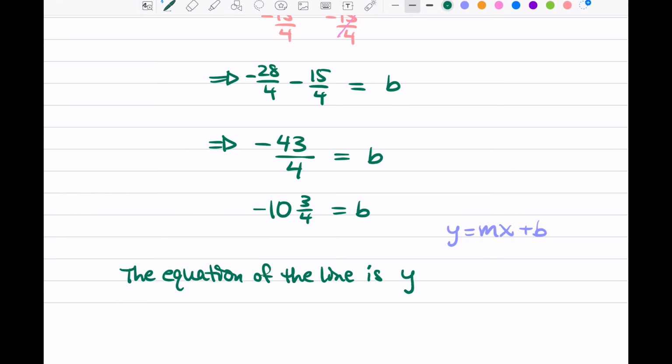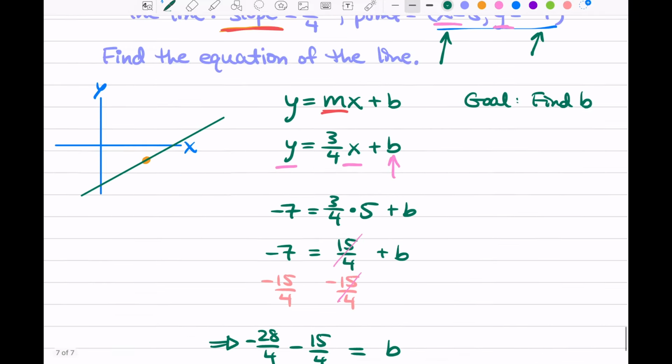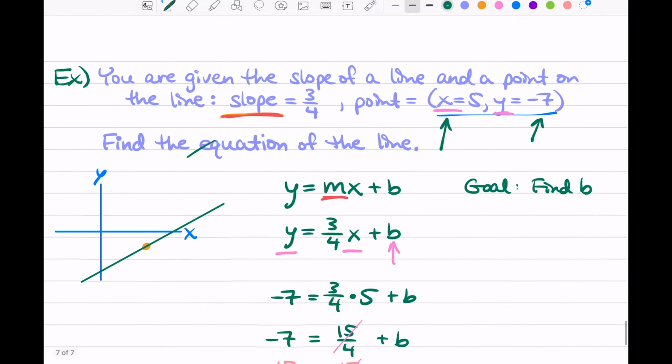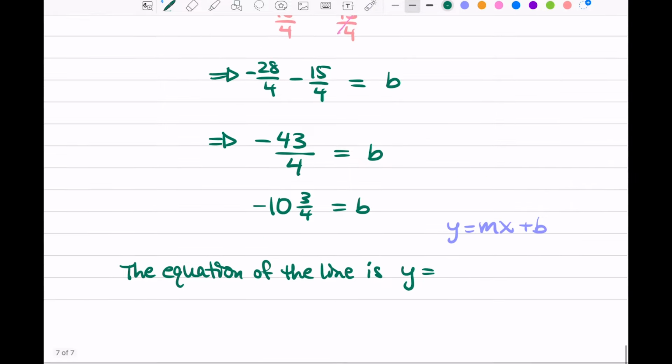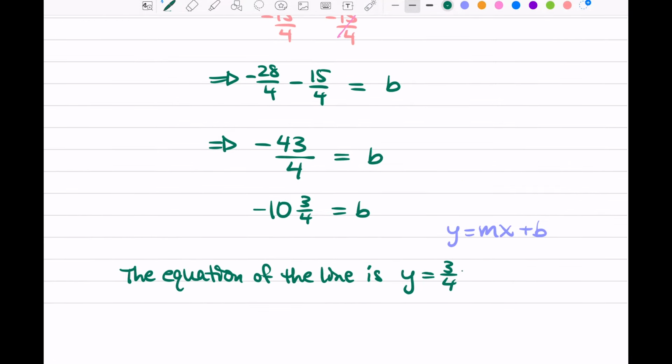And so we know m is 3/4. Y equals 3/4 x plus b. What is b? It is -10 and 3/4. That is the equation of our line.